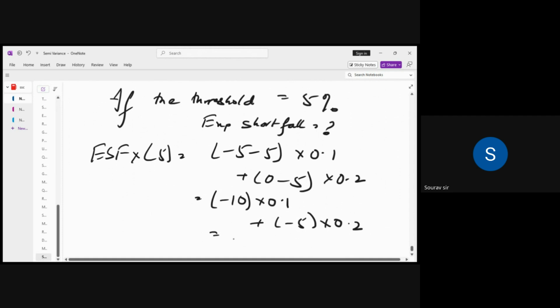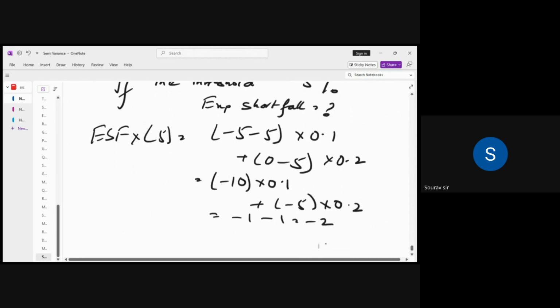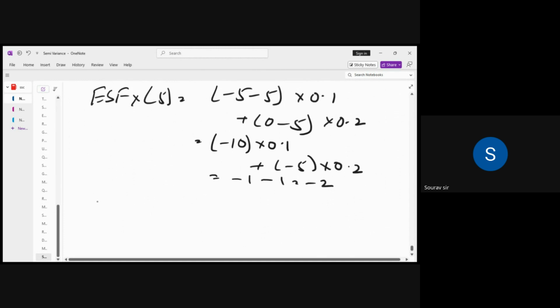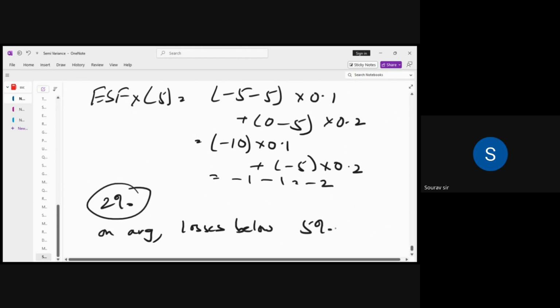That comes to minus 1 and minus 1, so minus 2. So expected shortfall amounts to 2%. On average, losses below 5% will amount to a 2% shortfall.